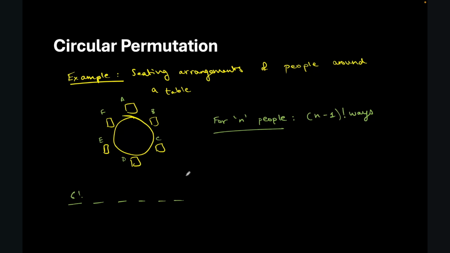That's the most logical way of starting. However, I can't do the same for circular arrangements, because let's say I allocated seat A, seat B, seat C, seat D, seat E, and seat F to the respective people.